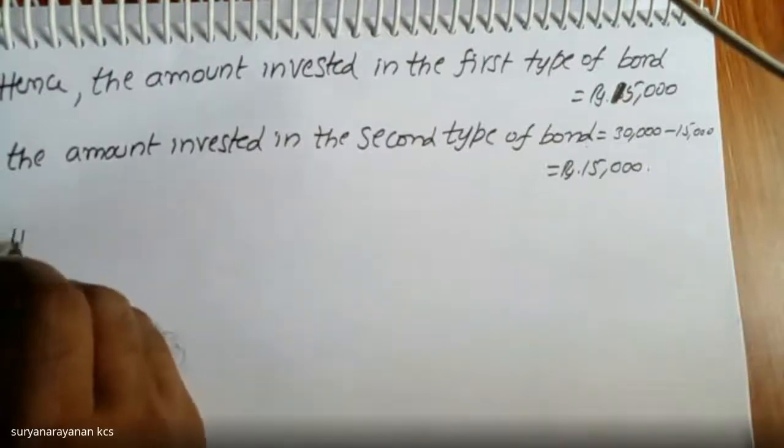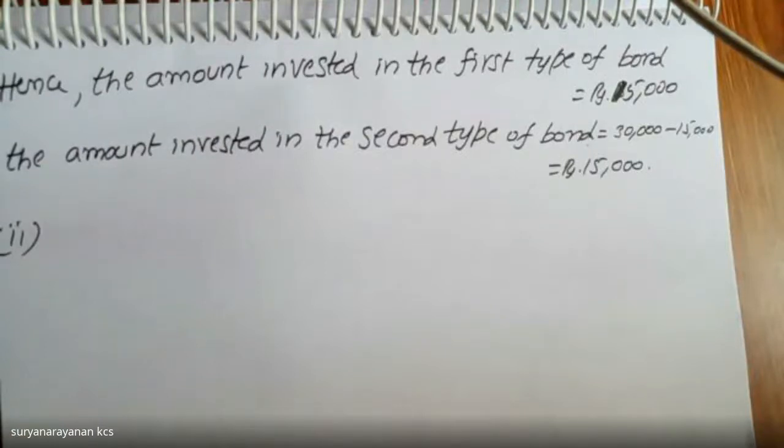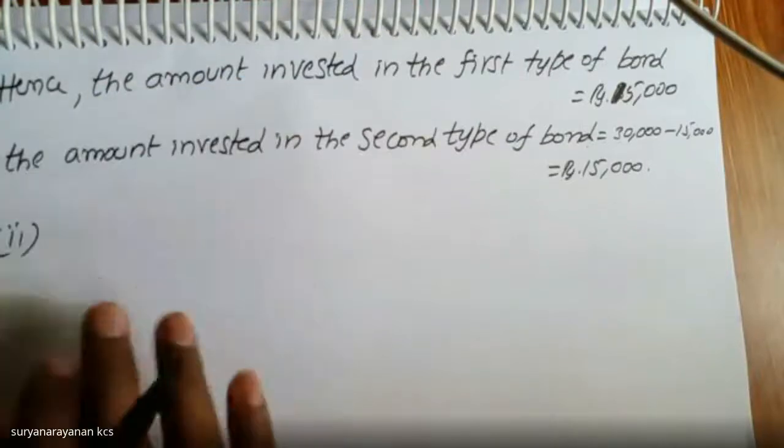Similarly, if they got 2,000 rupees as interest at the end of the year, how much amount should be invested in the first type of bond and how much in the second type of bond? Same as in the previous part.